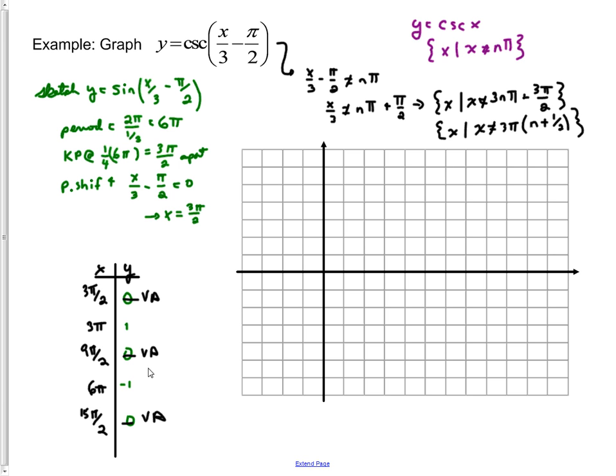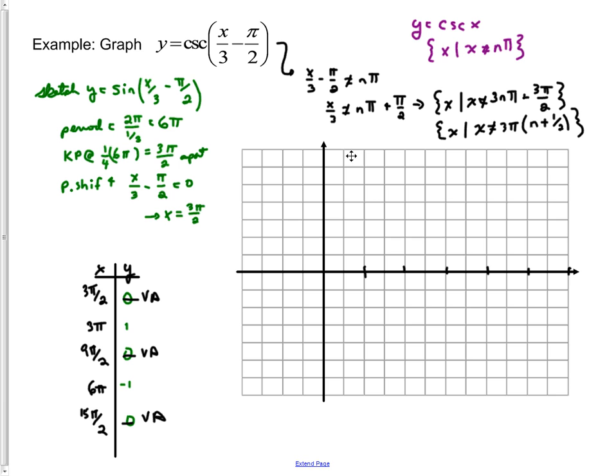So how is this going to look on our graph? Along our horizontal axis, we're going to get marks at every 3 pi over 2, right? If I put key points strategically around right here, let's make every other mark a good one for us.